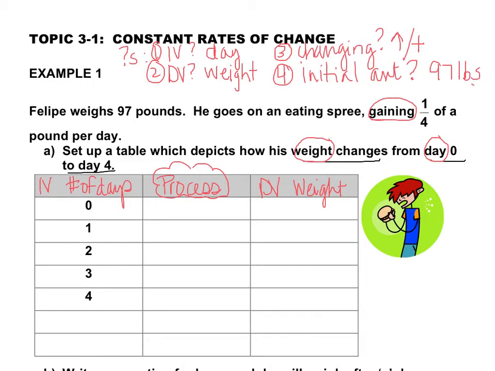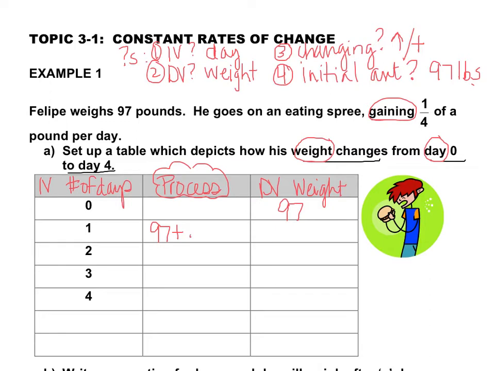Okay, so let's go ahead and start to make our table. At 0 days, you're going to have your initial weight, which is 97 pounds. On day 1, he's gained 1/4 pound. So what you're going to do is start with your initial amount, 97, and add to that 1/4 pound.